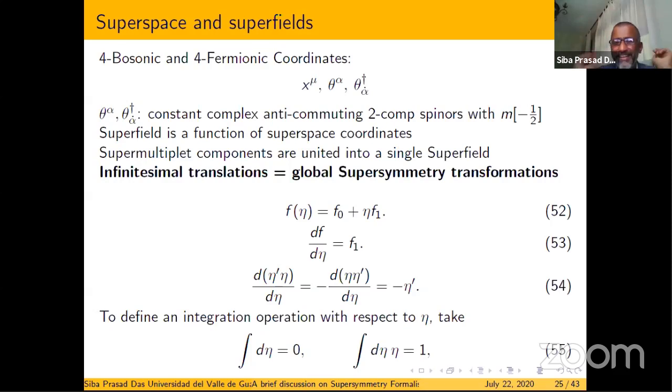That is the connection. And since theta alpha is a fermionic coordinate, it is a Grassmann variable, which follows a different algebra from normal numbers. Because it is anti-commutative, I can go up to a maximum of power 2. Here I assume such a Grassmann variable can go up to only power 1.